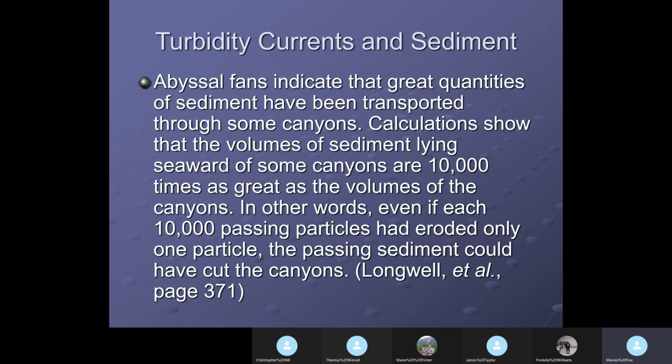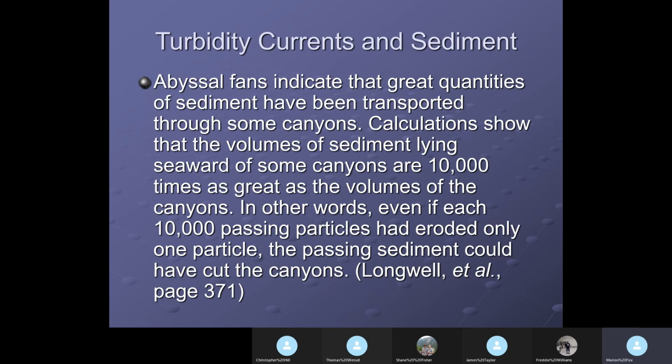Deep-sea fans indicate that great quantities of sediment have been transported through some canyons. That's what Longwell claims. Calculations show that the volumes of sediment lying seaward in some canyons are 10,000 times as great as the volumes of the canyons. In other words, if you take the volume of the canyon out, you've got 10,000 times more sediment.